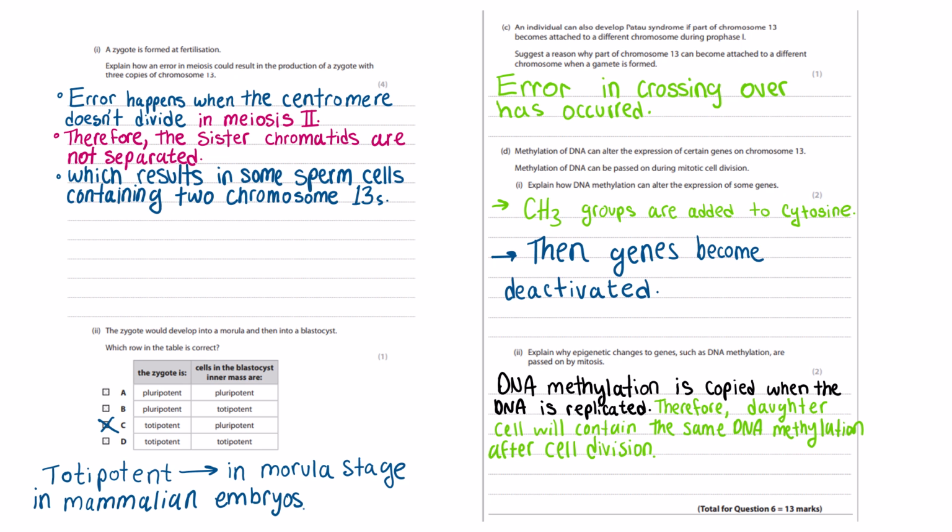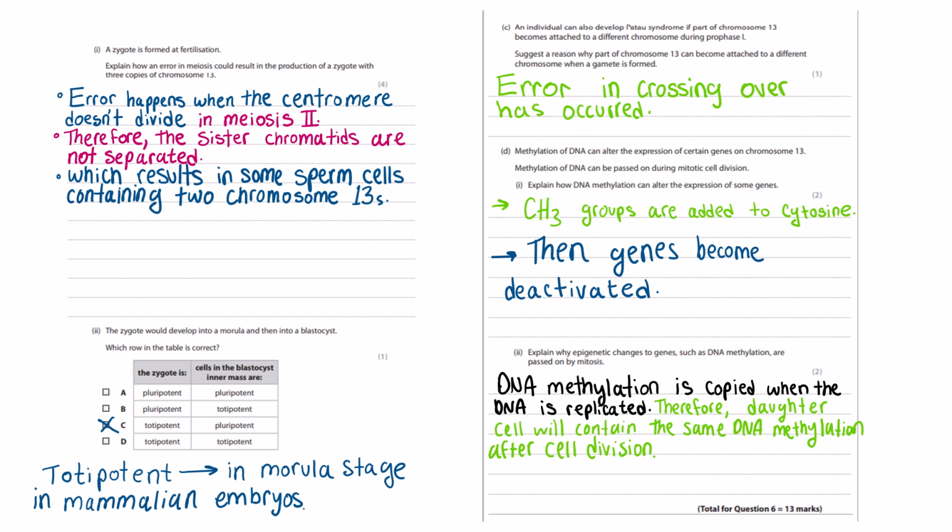Okay, so number one is that sometimes an error occurs in crossing over. So during crossing over, an error sometimes occurs, which leads to a mutation, or in this case, for this question, it's why chromosome 13 was present in one sperm cell and not the other.